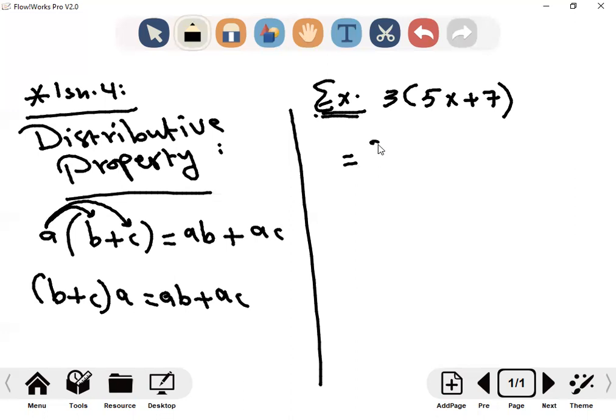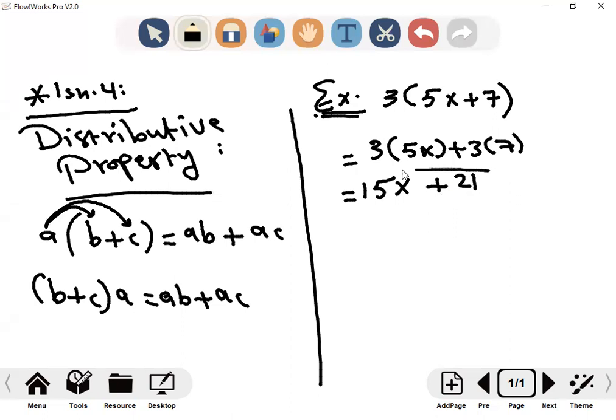This is equal to 3 multiplied by 5x plus 3 multiplied by 7. How do we multiply 3 with 5x? We multiply the number with the number and the variable comes down. So 3 multiplied by 5 is 15, and the x comes down, plus 3 by 7 is 21.